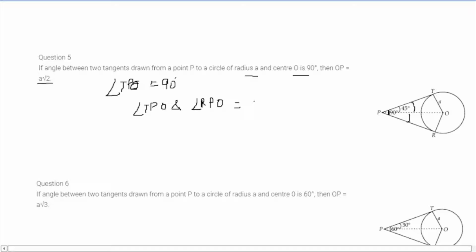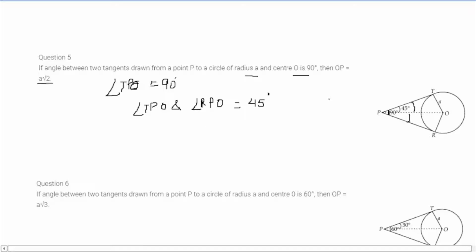They both are equal angles. Why are these two equal angles? Because these two triangles PTO and PRO are congruent triangles, or we can say that the line OP bisects the angle RPT. That is why both these angles are 45 degrees.